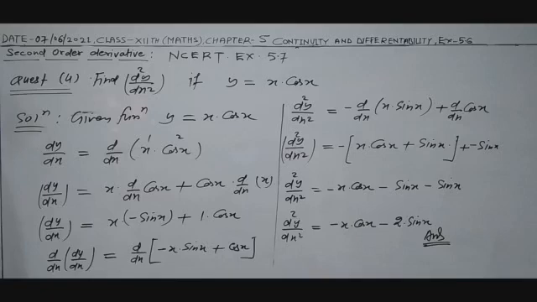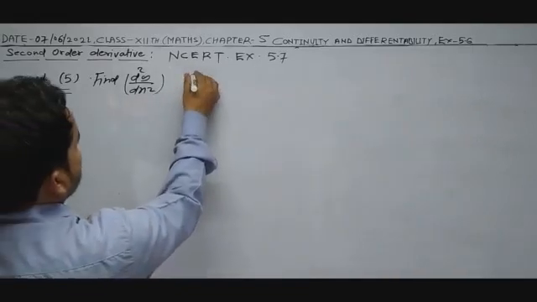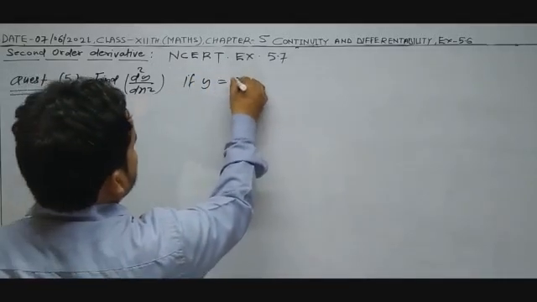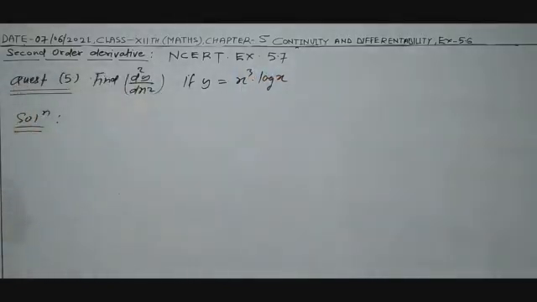Now come to question number 5. Question number 5 is find d2y by dx2 if y is equal to x cube log of x. So this is the function. We have to find the second derivative. So what will be its second derivative?